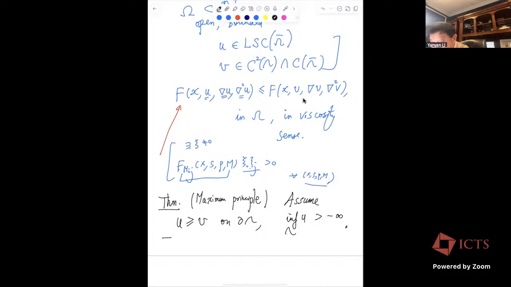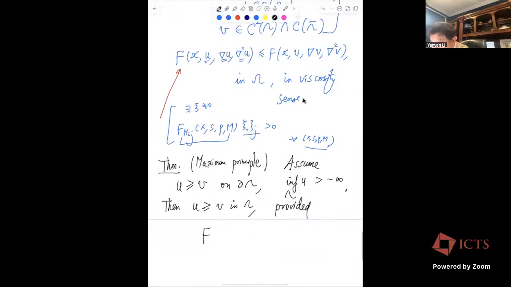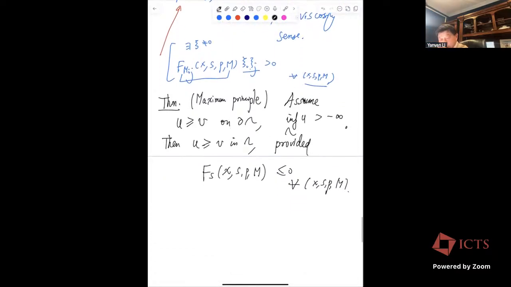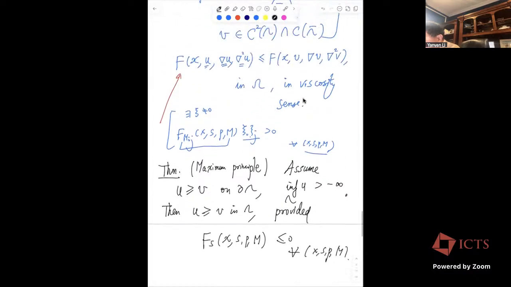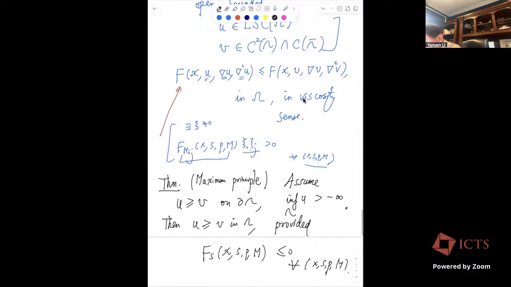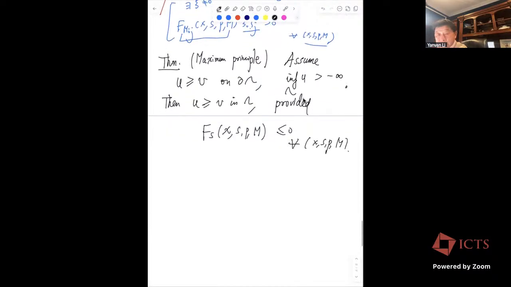Then u is greater or equal than v in Omega, provided F_s(x, s, p, M) is less or equal to 0 for all the arguments. If the two solutions are C2, this is very standard.